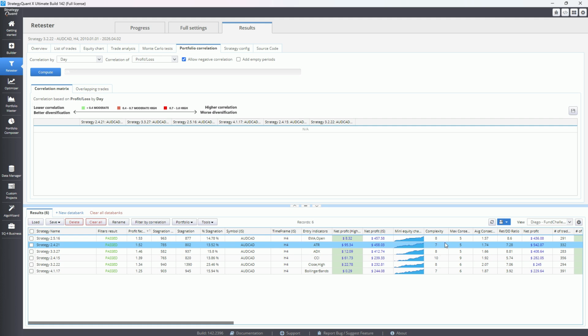Normally I like the ones that have less complexity. It means that we have fewer parameters. Let's pick this one, the ATR.